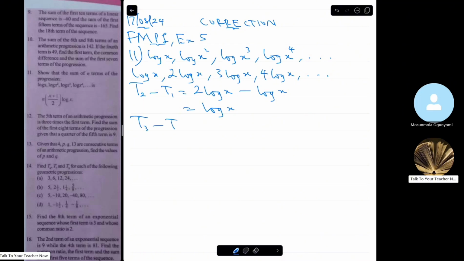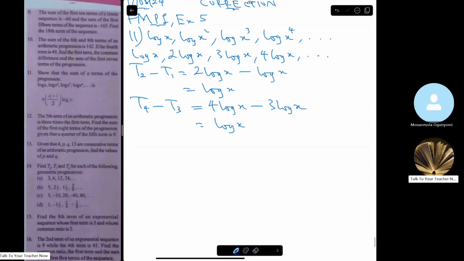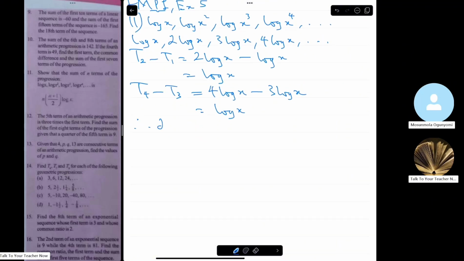And T4 minus T3 is equal to 4 log x minus 3 log x, which is equal to log x. So that therefore means that the common difference is log x.